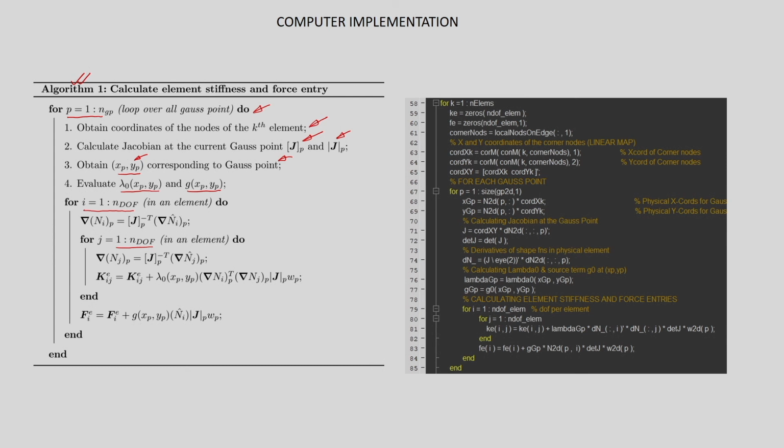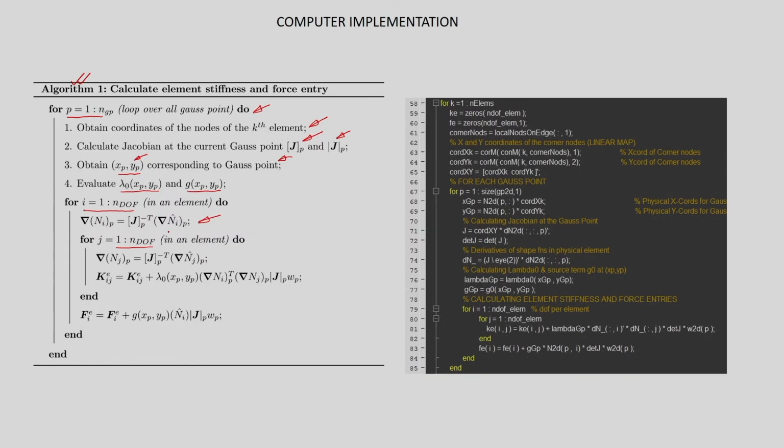In this case we have 4 nodes, and in each node we have 1 degree of freedom, so in total we have 4 degrees of freedom per element. For i, we first calculate the gradient of Ni from the gradient of Ni hat in the master element. The process has already been explained.